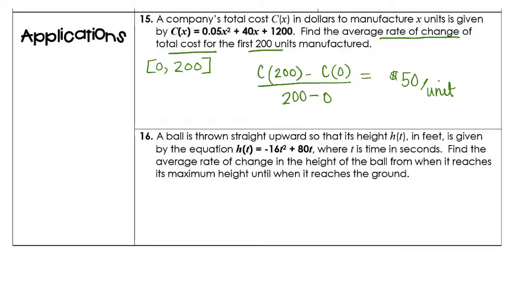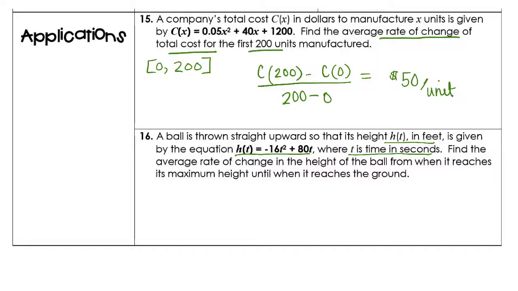All right, let's look at our next problem. We have a ball that is thrown straight upward so that the height h at t in feet is given by our traditional physics equation here. We do need to take note that time is in seconds and your height is in feet. We want to know the average rate of change in the height from when the ball reaches its maximum height until it reaches the ground.